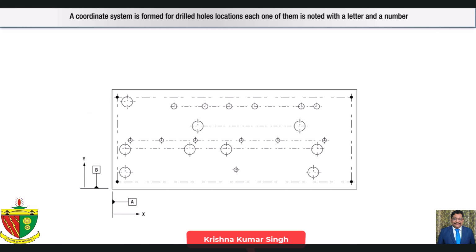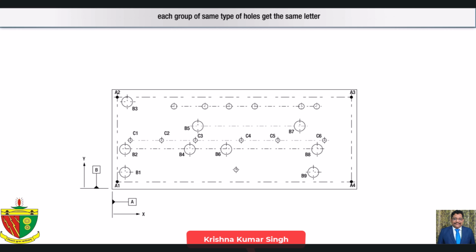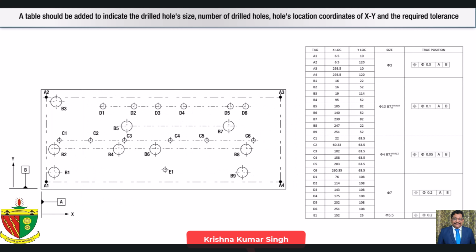Each one of them is noted with a letter and a number. Each group of the same type of holes gets the same letter. A table should be added to indicate the drill hole size, number of drill holes, hole location coordinates of XY, and the required tolerance.